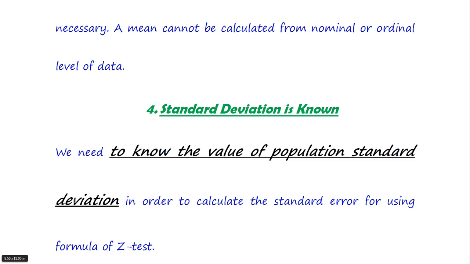If we do not know the value of sigma, it is difficult to calculate. But if our population standard deviation is unknown, we calculate it with the sample standard deviation, but the sample size n must be greater than 30, because large data approaches a normal distribution, as we read in previous lines. So the fourth assumption is that the standard deviation is known.